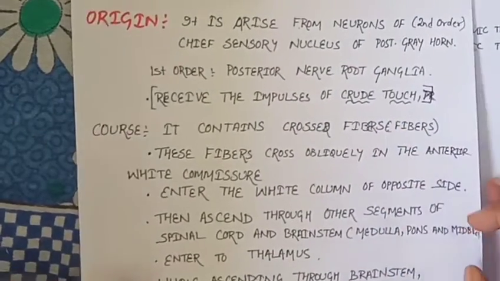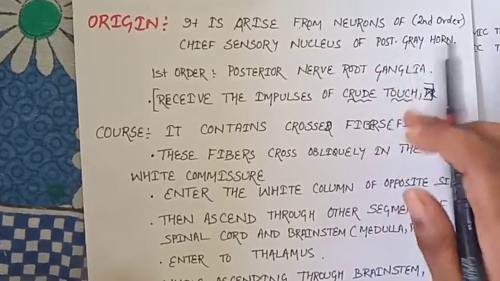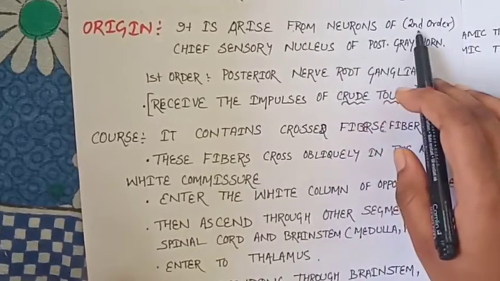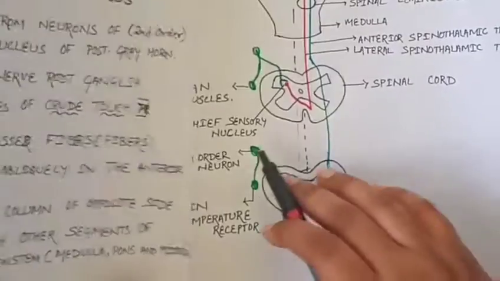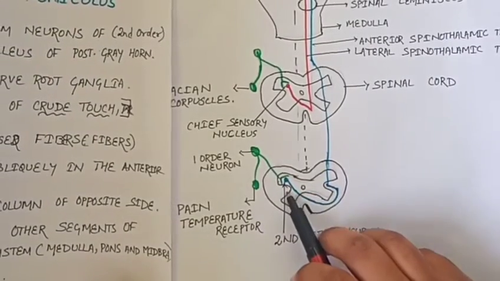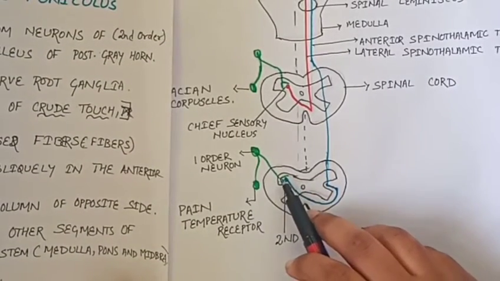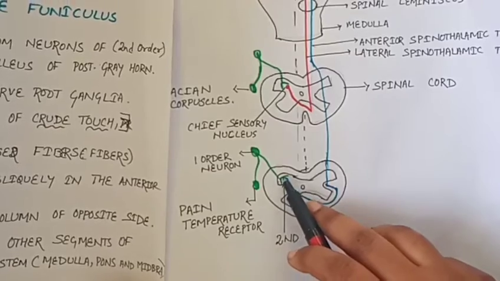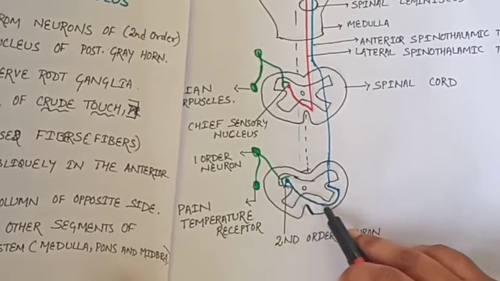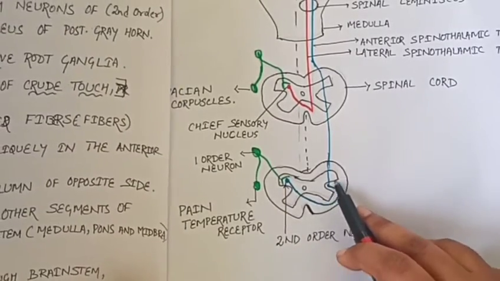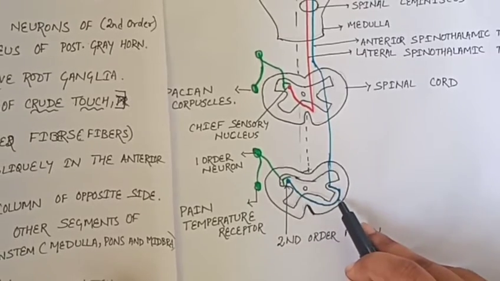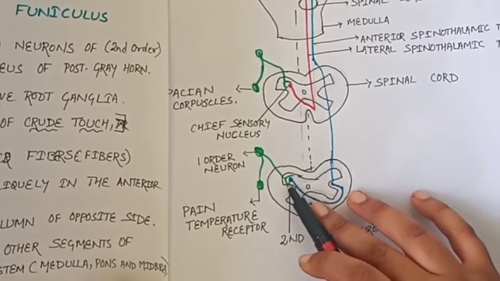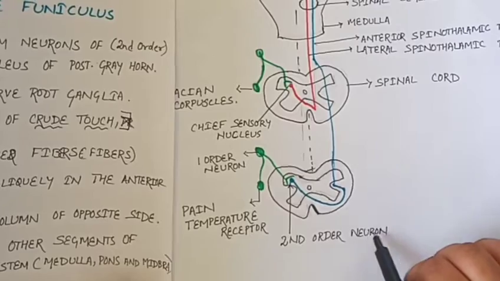That is why we call it the second order, because the first order arises from here and the second order is here. The first order fibers join here and another synapse occurs, then another fiber goes towards the anterior gray horn. That's why it is called the second order neuron.